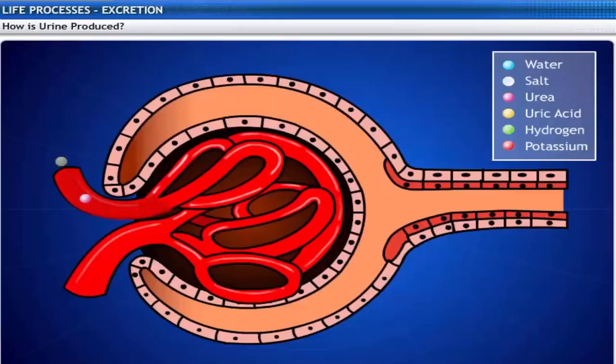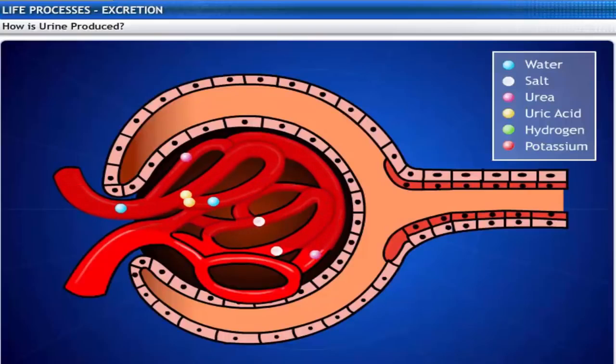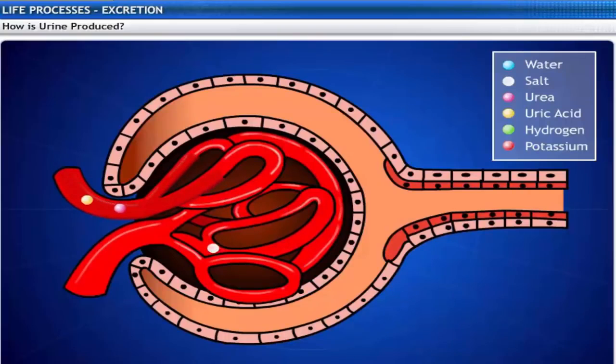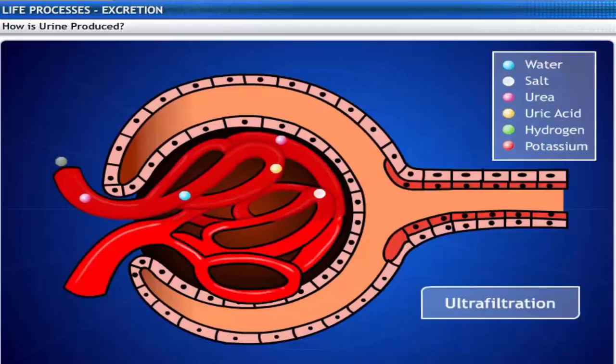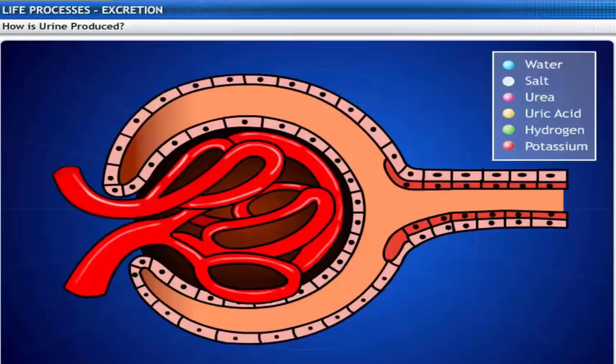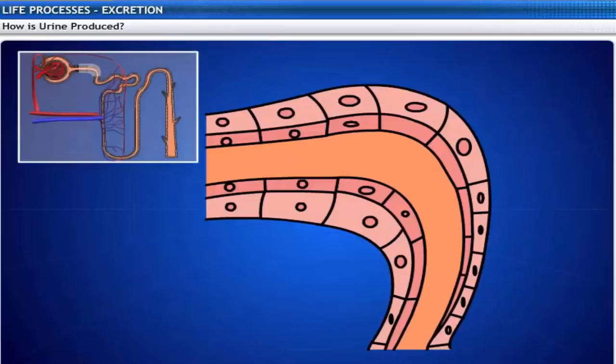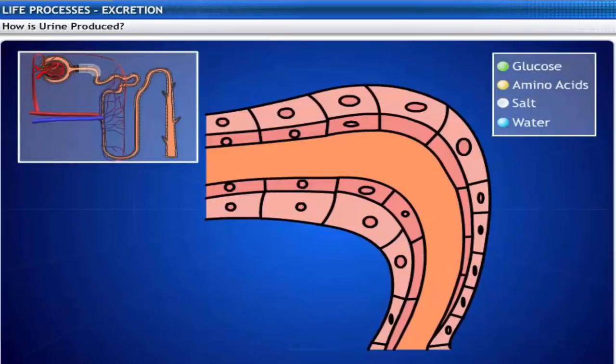Nephrons filter minerals, wastes and water but retain red cells, proteins and large molecules. This process is known as ultrafiltration. The filtered blood is returned to the body through the veins. Some substances in the initial filtrate, such as glucose, amino acids, salts, and a major amount of water, are selectively reabsorbed as the urine flows along the tube.